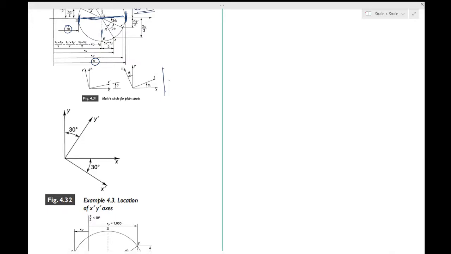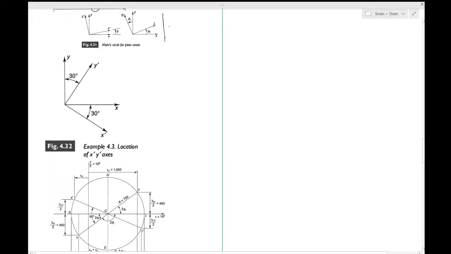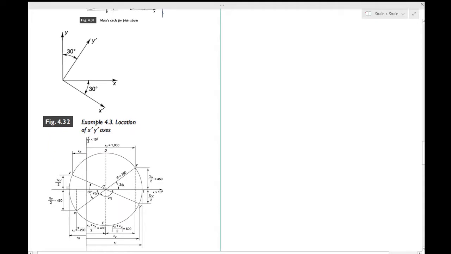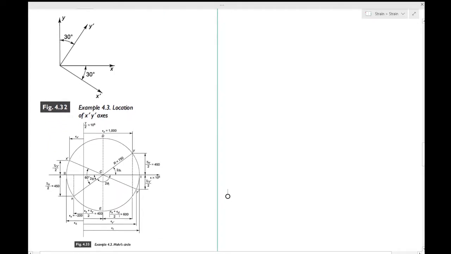Now you have an example in your textbook, example 4.3. In this example, you have a sheet of metal. It's a sheet, so clearly it's a two-dimensional situation which you are referring to.